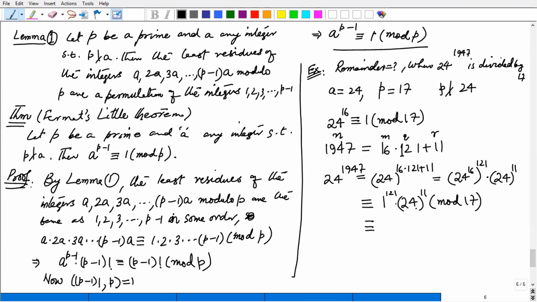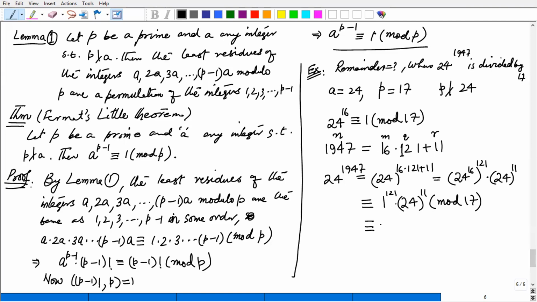Now this 24 can be written in modulo 17 as well. Either you can write negative 10 or plus 7, because the residue class modulo 17 for 24, minus 10 and 7 is the same.